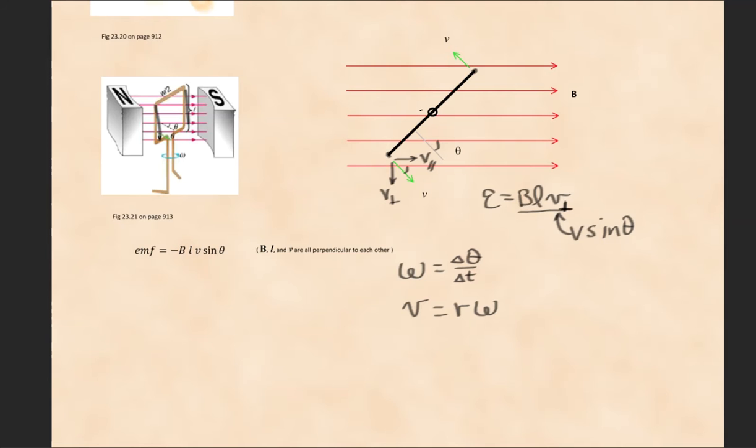So in this case, the r is this distance, which is w over 2. That's the distance from the center of rotation out to one of these legs of the wire.